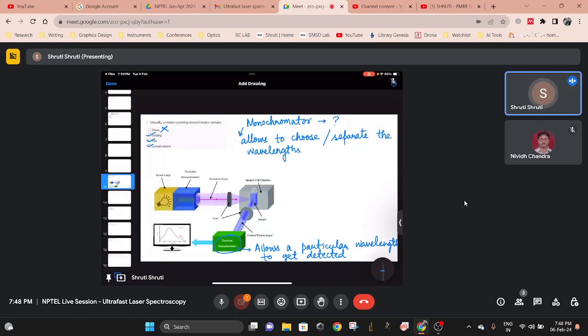So now these days people mostly use gratings and slits. What these two things are doing: you have a light source here and you put a slit in between.